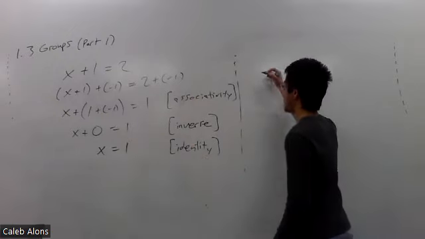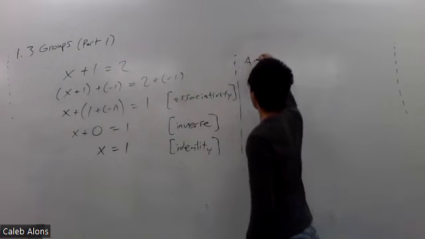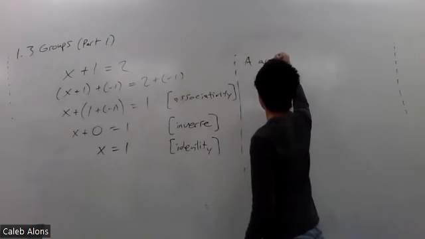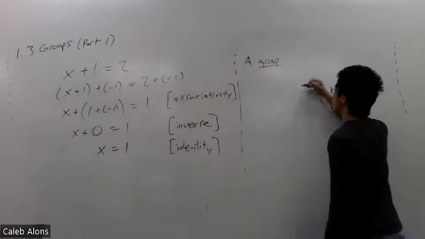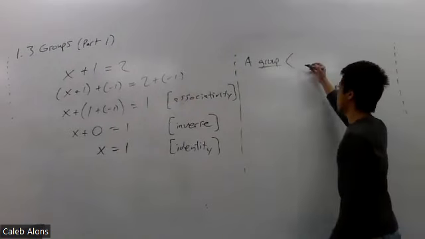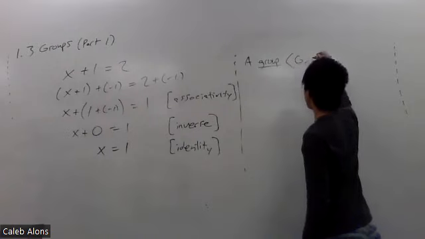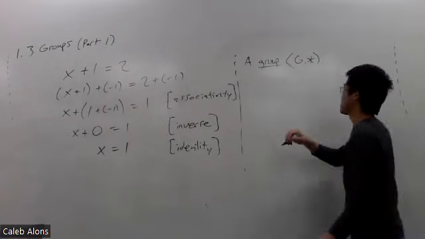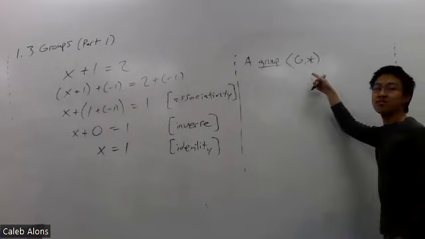So here's the definition. A group, and we'll denote this with some binary structure. We'll call this G and then some binary operator. G is the set and star is the operation.